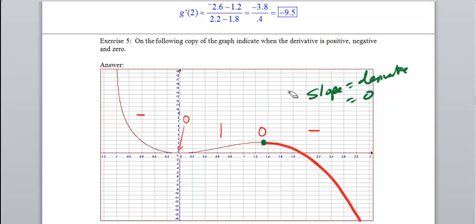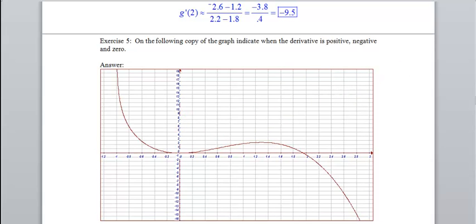Okay. Now, notice that where we had stationary points, one possibility for a stationary point is a local extremum. So right there at the highest point, that guy right there is a local maximum, sometimes called a relative maximum.